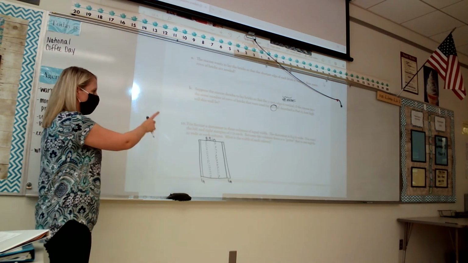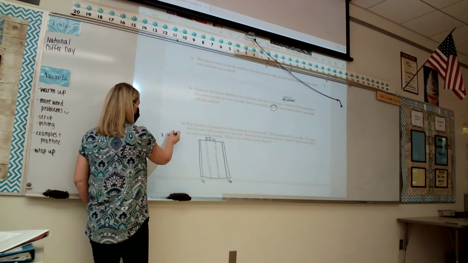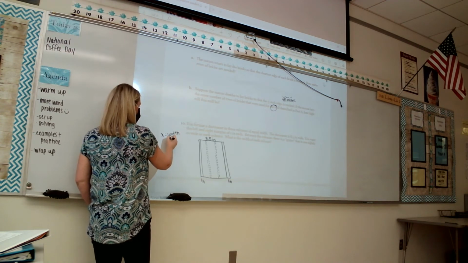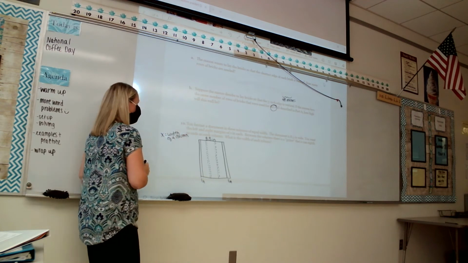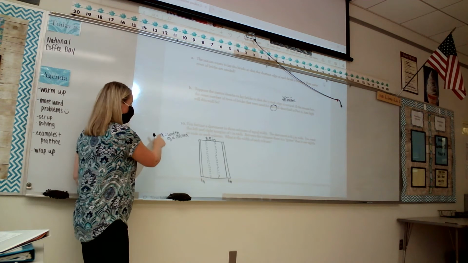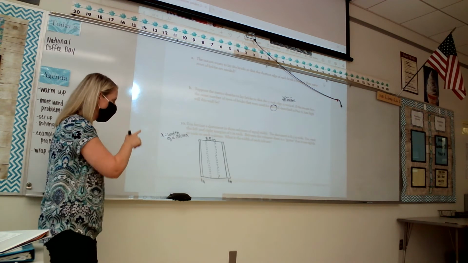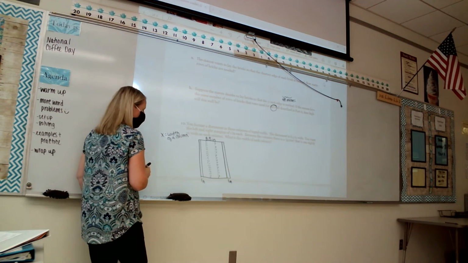So the next thing I'm gonna do, what is the width of a column? So I'm gonna say X is the width of a column. I'm just gonna try to backtrack because I skipped it for a second. It tells me those gutters are 1/8 inch as wide as a column.